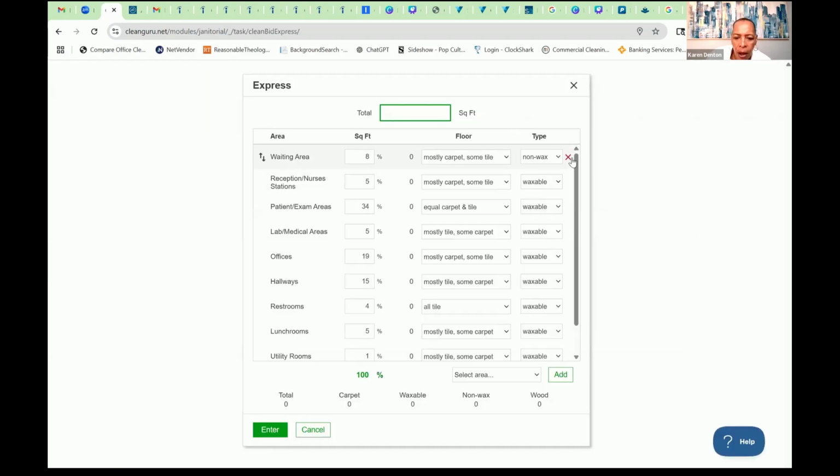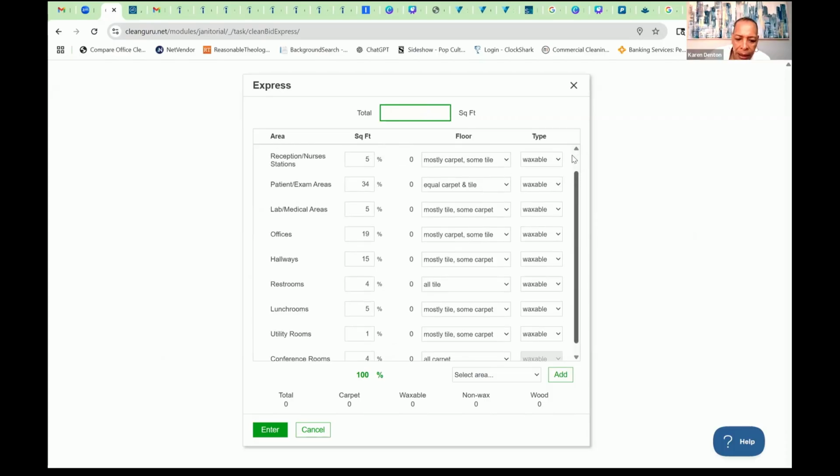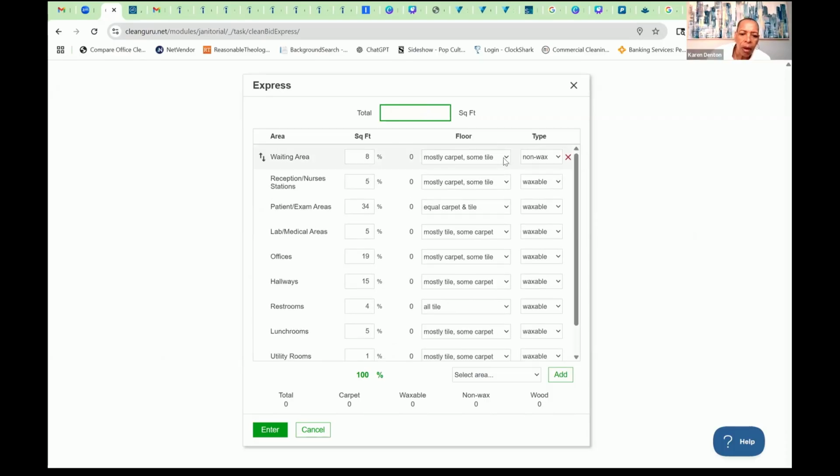Other than the fact that you would know the floor type, if there's no carpet, take carpet out of there. If it's some tile, some carpet, then leave it like that. Yeah, I did this before. The floor type makes a difference in pricing too, right?